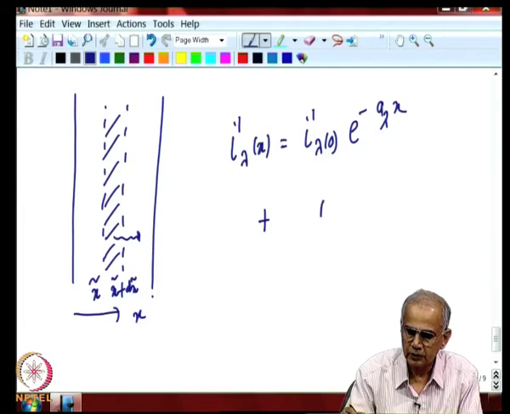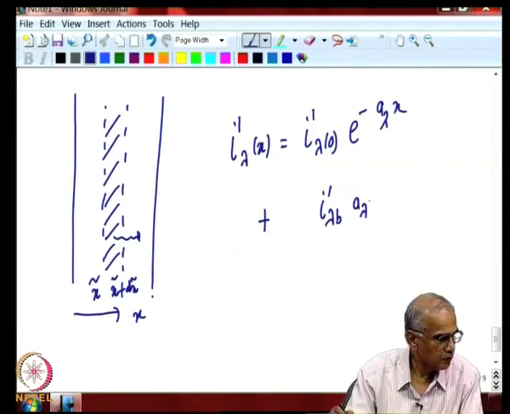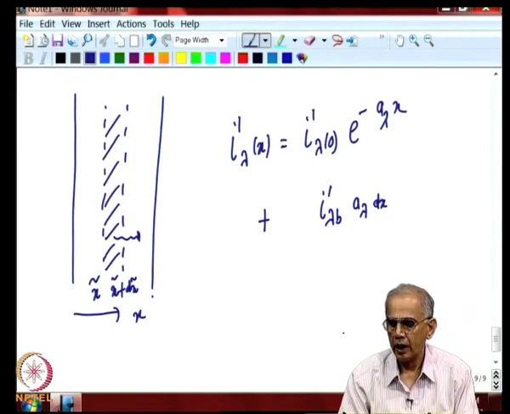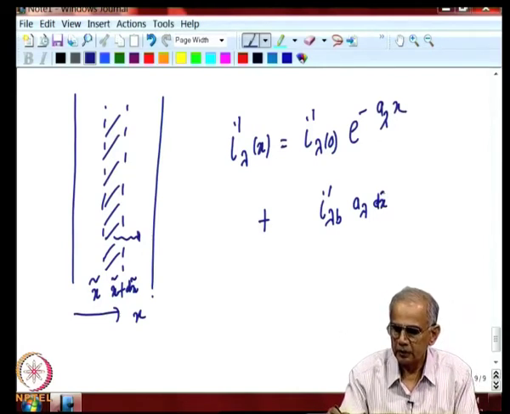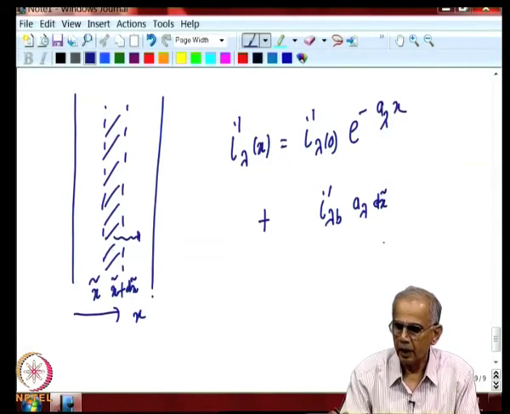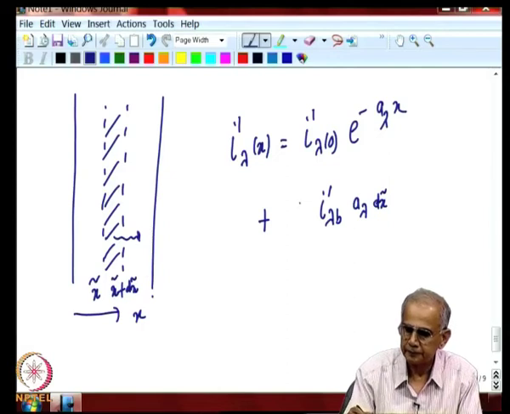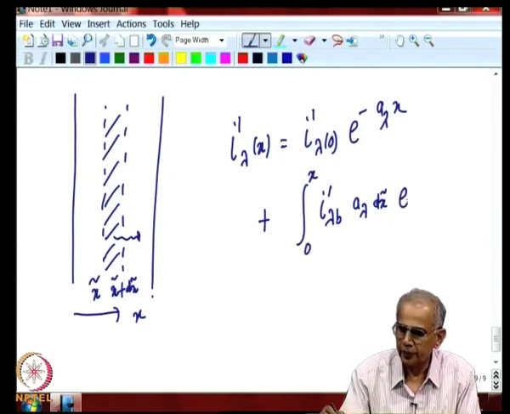So, those gas elements will emit this much radiation. And the dx delta, this layer, and you have to integrate for all gas elements from 0 to x and take care of their attenuation.